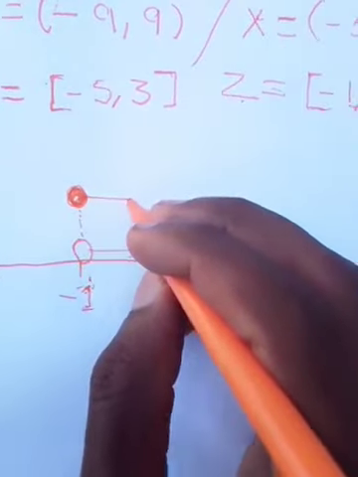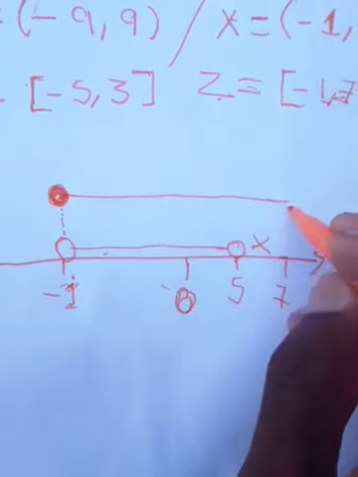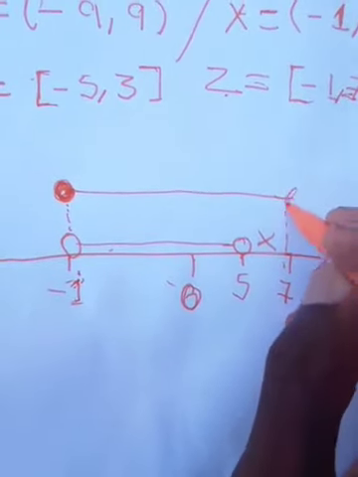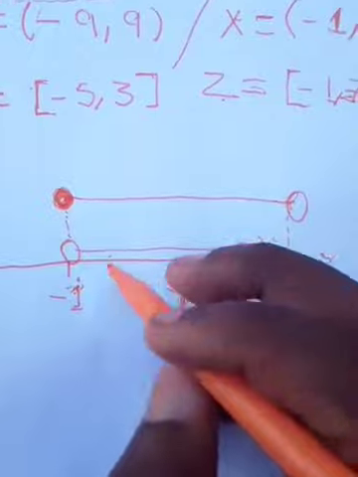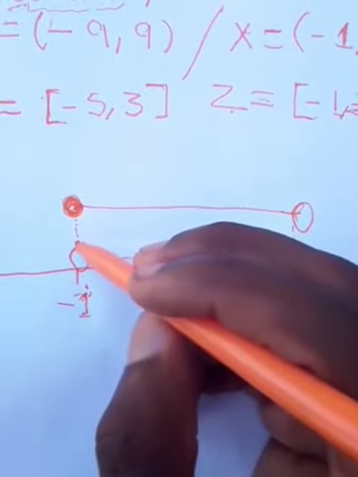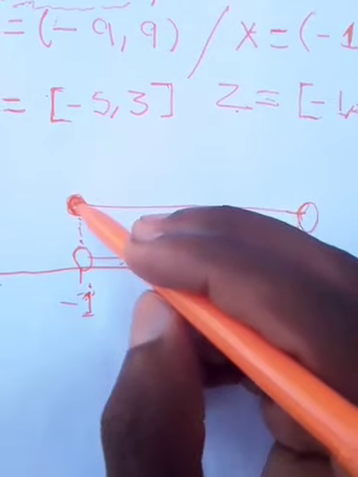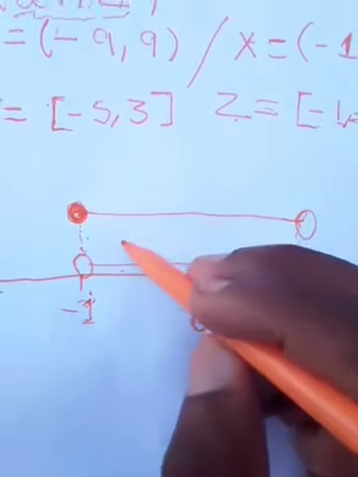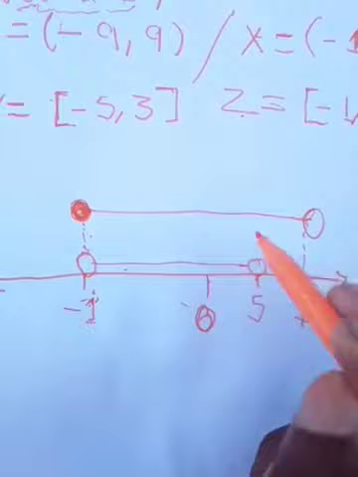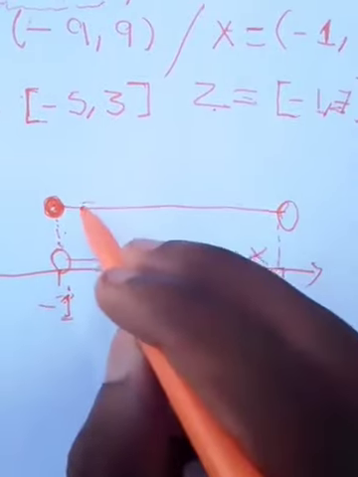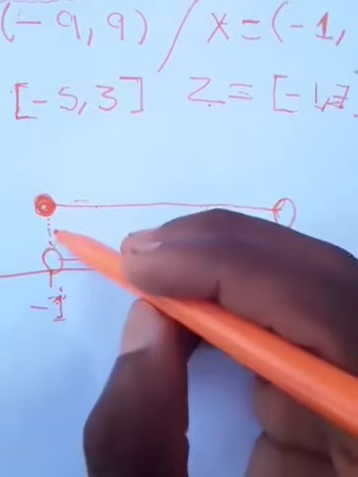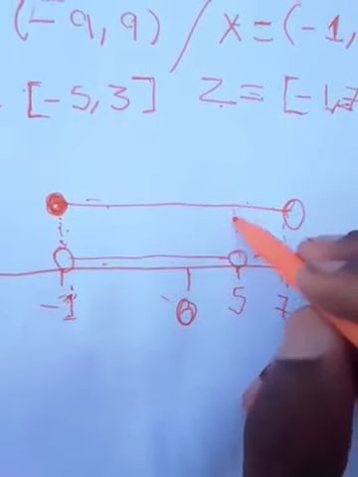So you brought up to 7, which is right here, and it is not going to be shaded. Now, where can you find a region where both x and z have passed, or where you can find the numbers that can be found in the x and z? It is this region here at the middle.